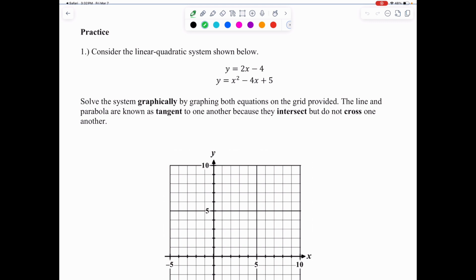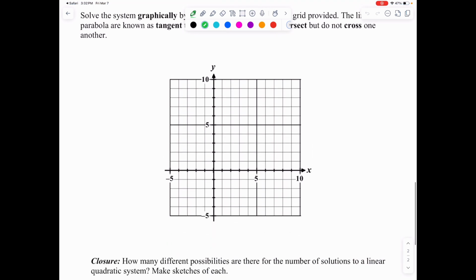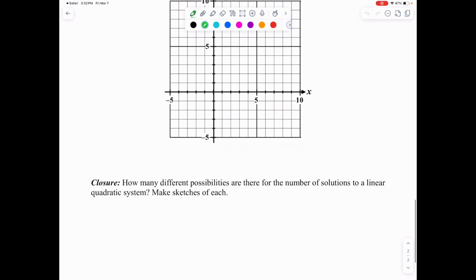Now that we've looked at some examples together, I'd like you to try this practice problem. So it says, consider the linear quadratic system shown below. You have your equations there. I would like you to solve the system graphically by graphing both equations on the grid provided. The line and parabola are known as tangent to one another because they intersect but do not cross one another. So I want you to do that, and then I want you to answer the closure question.